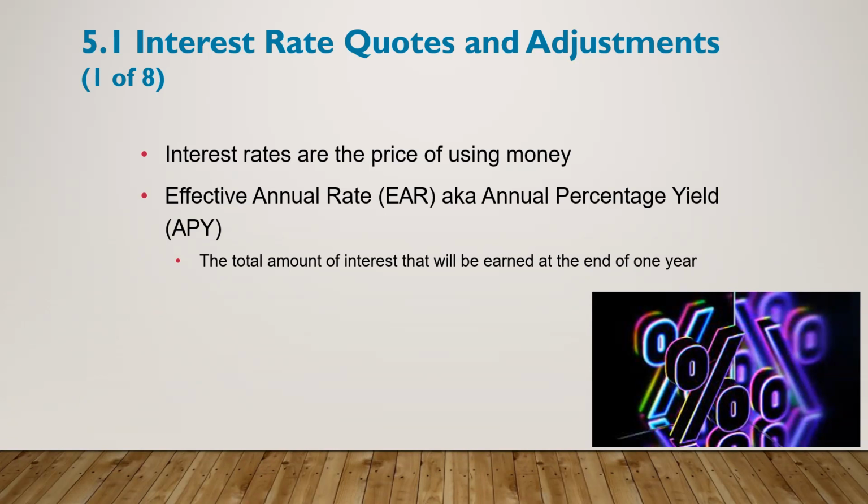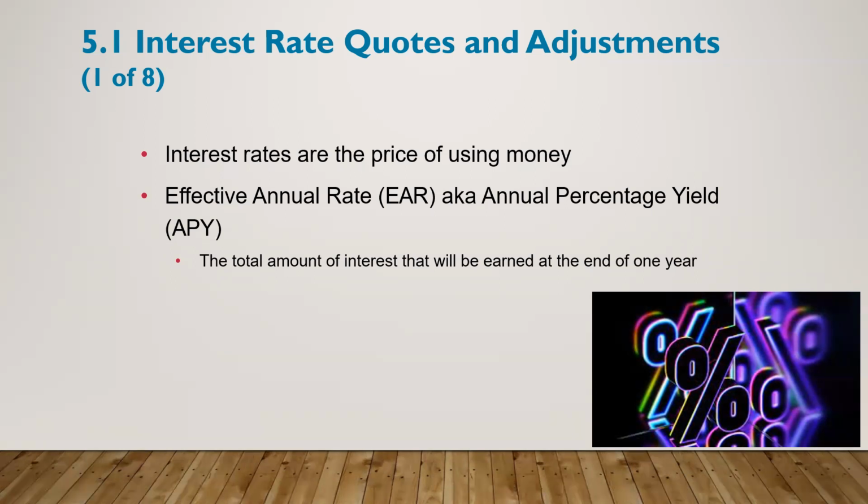Now, while EAR specifically emphasizes the effective annual rate, APR is a broader term that is used to describe the overall annualized cost or return associated with loans, associated with credit cards, and other financial instruments.